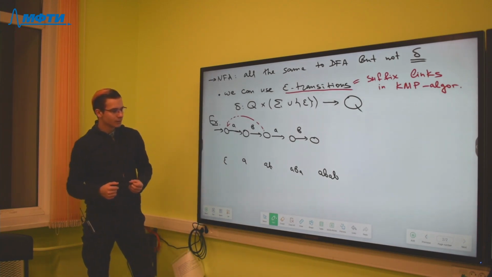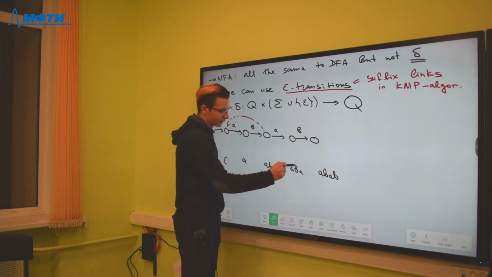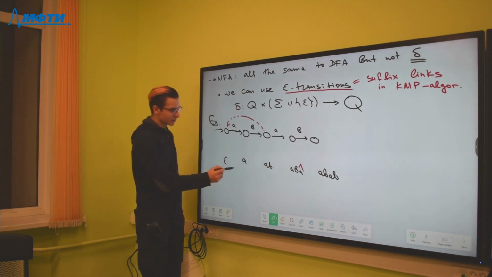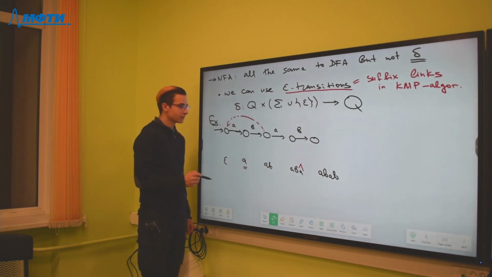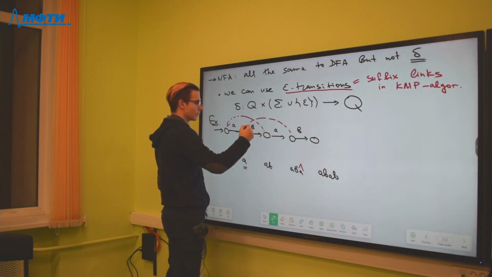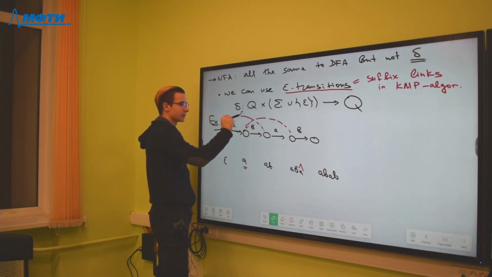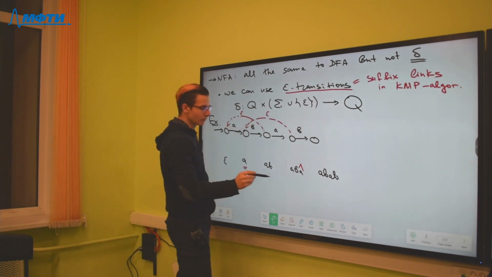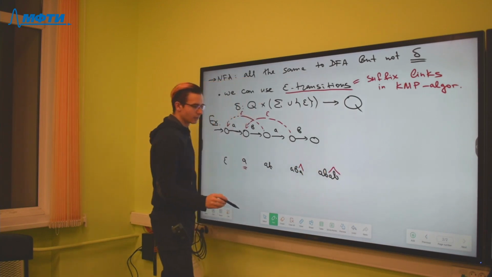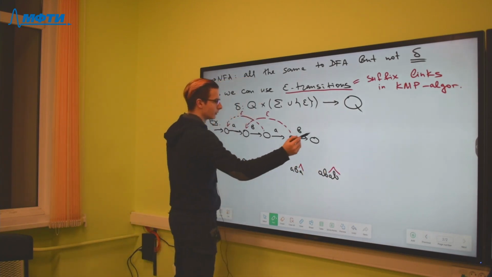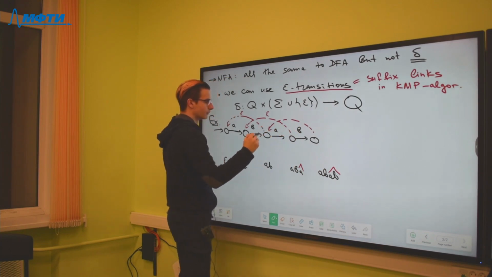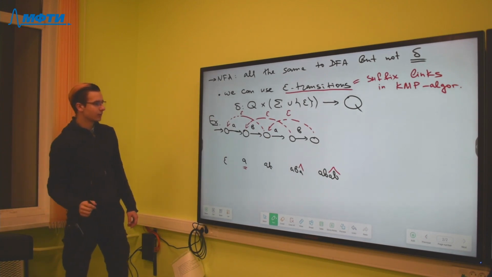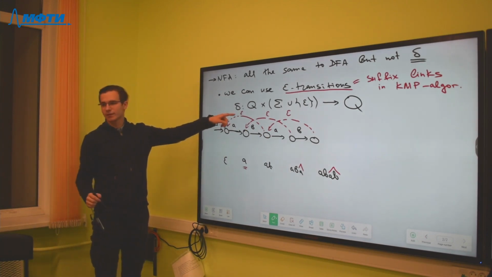So, for example, for ABA, we have the suffix A that is equal to the prefix. So we set the suffix link, and of course it is a link with the epsilon character. Here we have such a link, so as you see, we can write the epsilon symbol here.